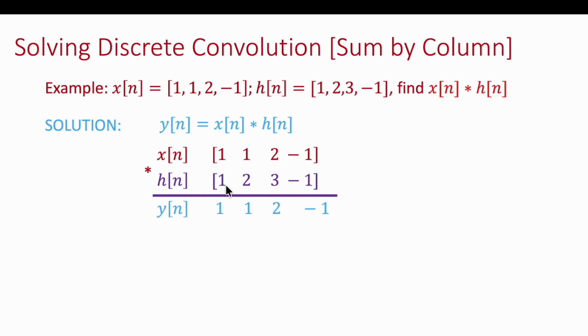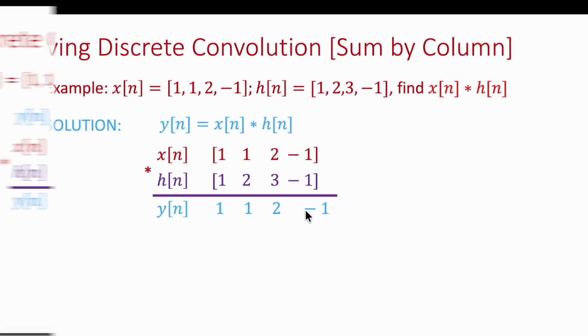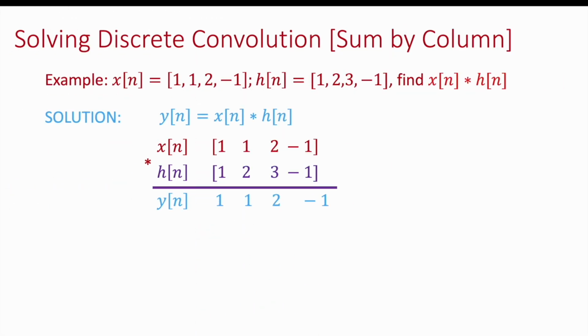First, multiplied by this element: 1 times 1 is 1, 1 times 1 is 1, 1 times 2 is 2, 1 times minus 1 is minus 1. Then the second element, 2 multiplied by all the elements of x of n: 2 times 1 is 2, 2 times 1 is 2, 2 times 2 is 4, 2 times minus 1 is minus 2.